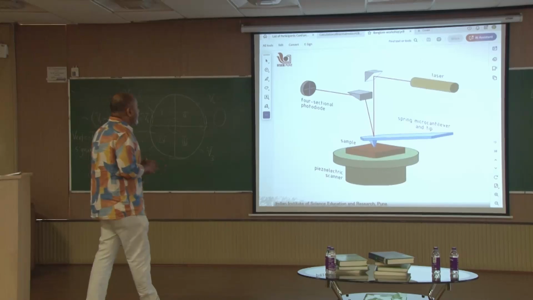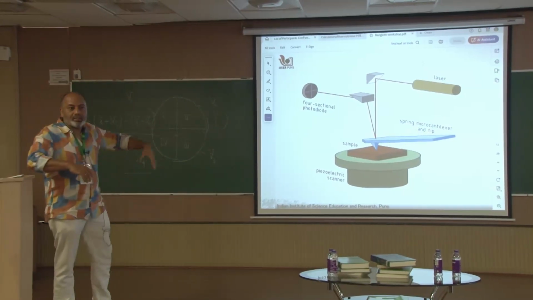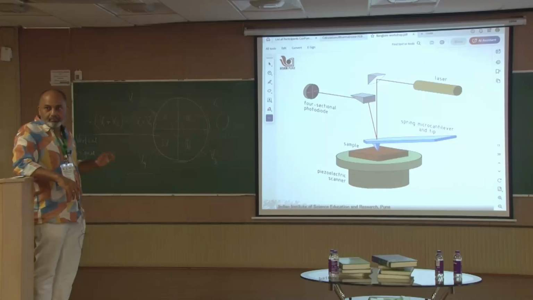Okay, so is everyone okay with this vertical bending of the cantilever?